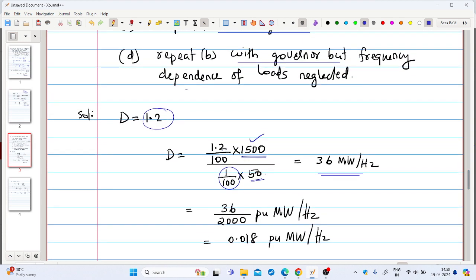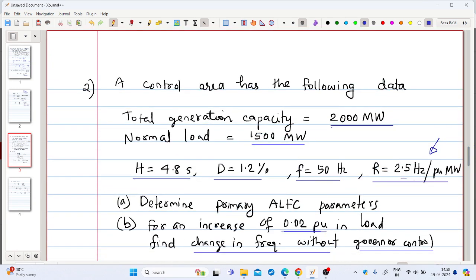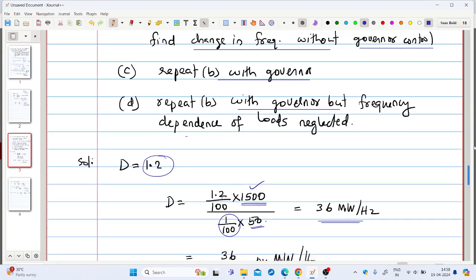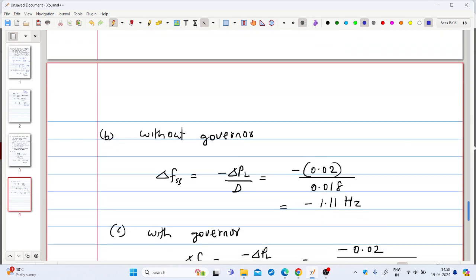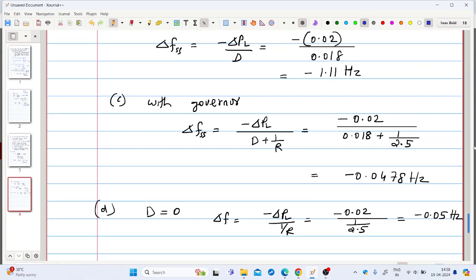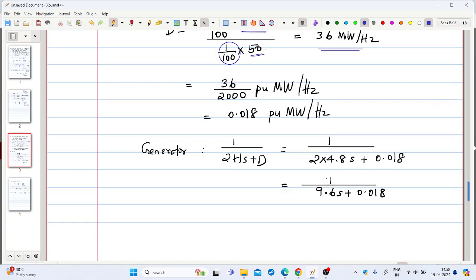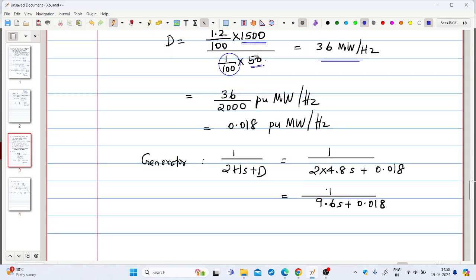So you can divide this by the base power. Here the generation capacity is 2000 megawatt, so we will divide 36 by 2000. So we will get 0.018 per unit megawatt per hertz.